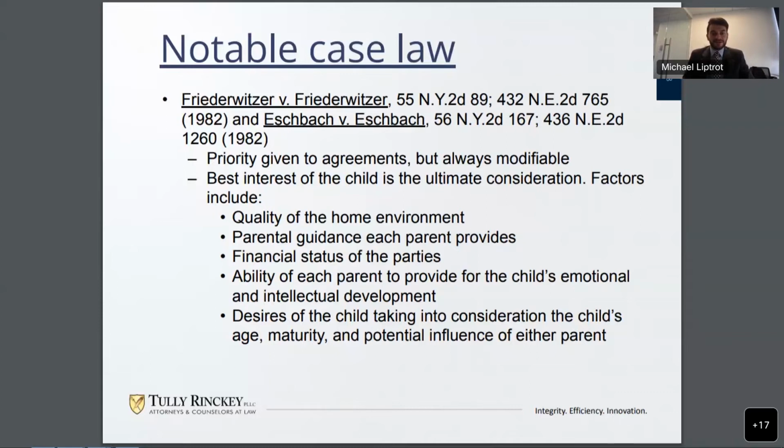And as noted before, the analysis is going to be the best interest of the child or children. That is the ultimate consideration.